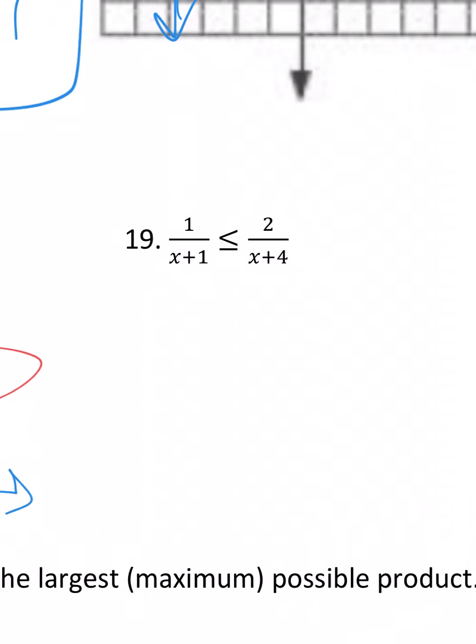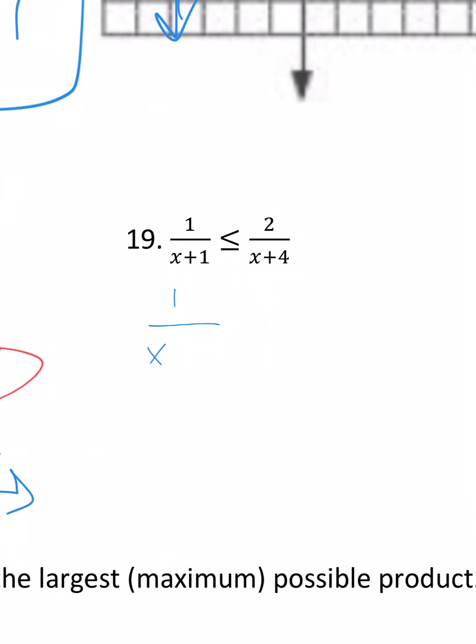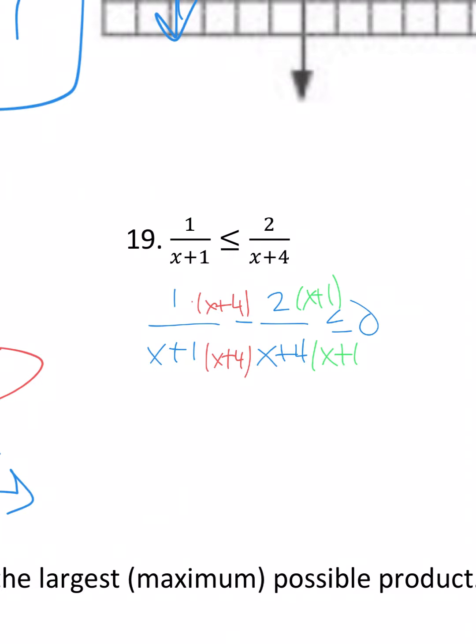Okay, and then 19. So again, I can't solve this normally. I have to basically use common denominators. So this term here is going to get an x times 4 over an x times x plus 4. This term here is going to get an x plus 1 times an x plus 1.